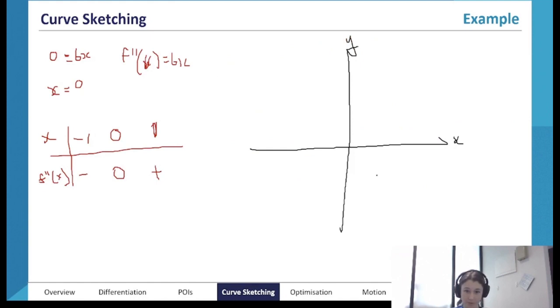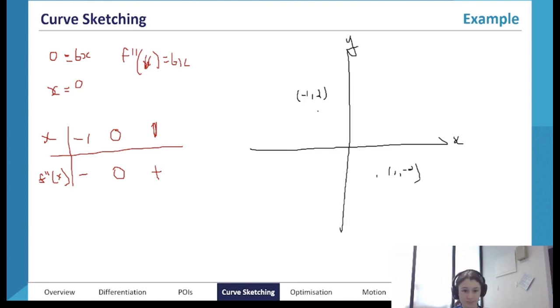So we're going to have 1 down here, 1, -2, and then at -1, 2 are going to be our two stationary points.